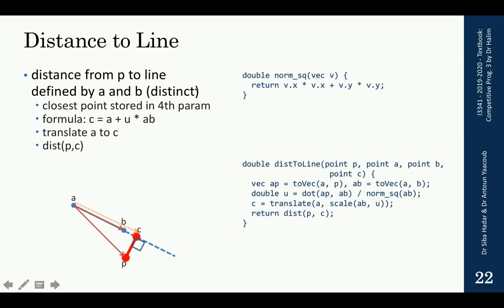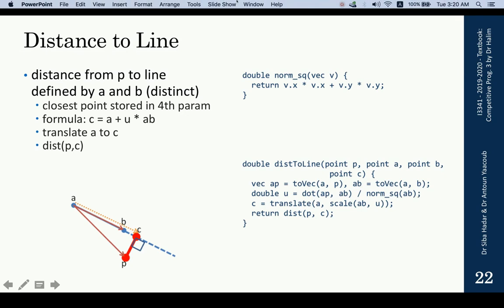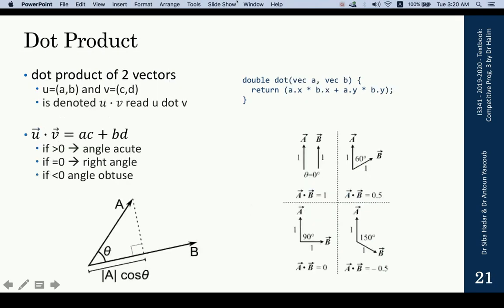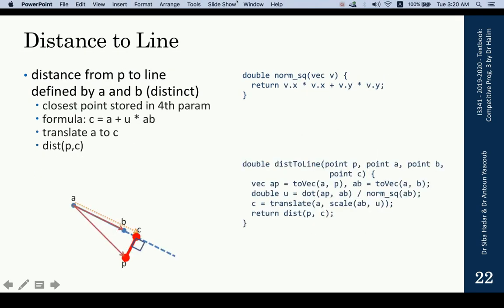Distance to a line. We will use somehow the dot product in the mathematical demonstration.